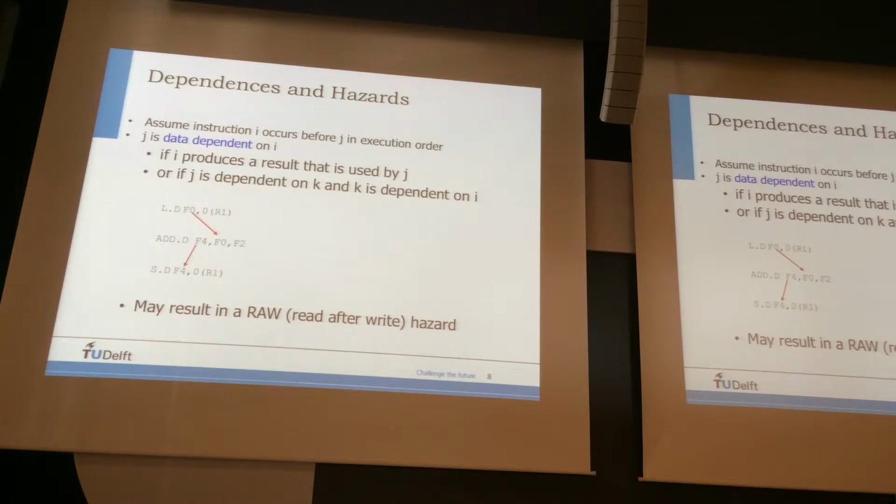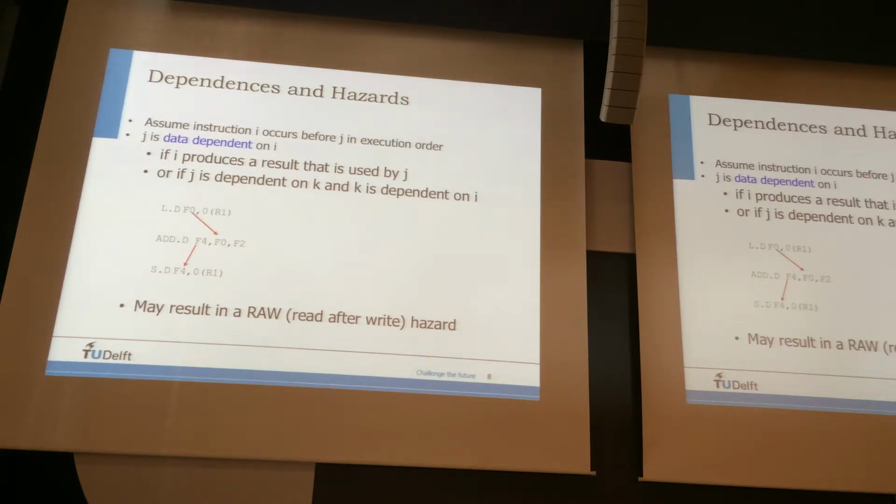Here I have a simple example, with instructions which are producing output for the next instruction. Then instruction J is dependent on instruction I if it's using the result of instruction I. Or I have a kind of loop where after some instructions there are consequences on my instruction.